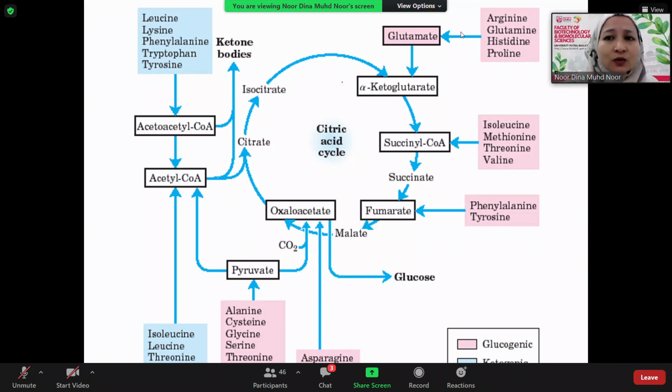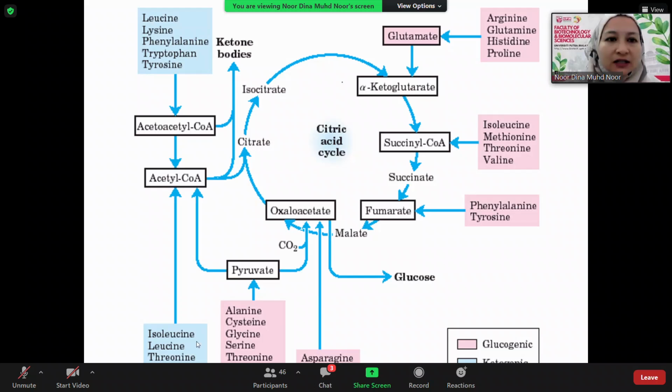You can find out all those in any textbook or any reference book or journals if you're interested. But I just discussed the part on pyruvate.